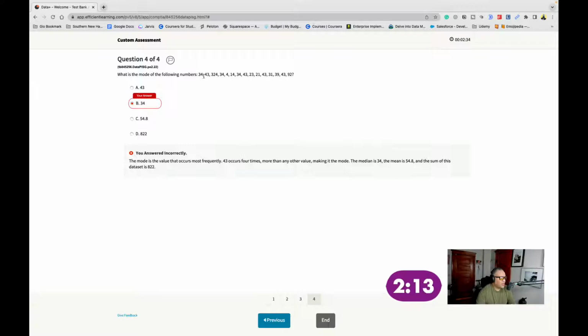Okay, so 43 appears once, twice, 3 times, 4 times. So that is the mode because it would be 4 times. Okay, got it. So 34 is the median. Okay, got it.